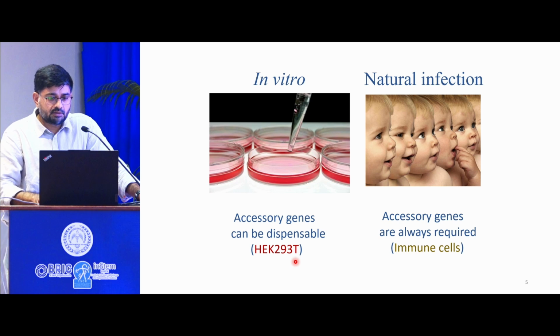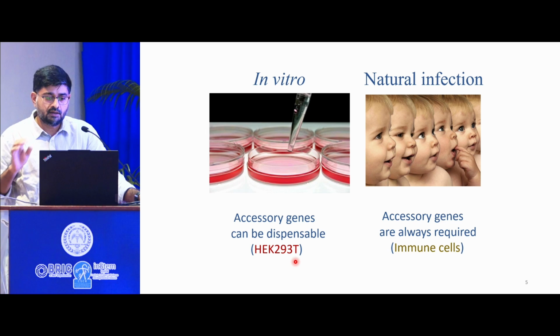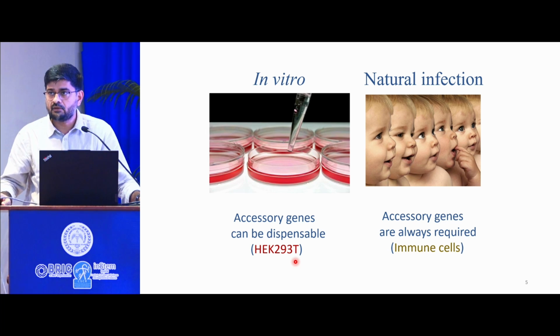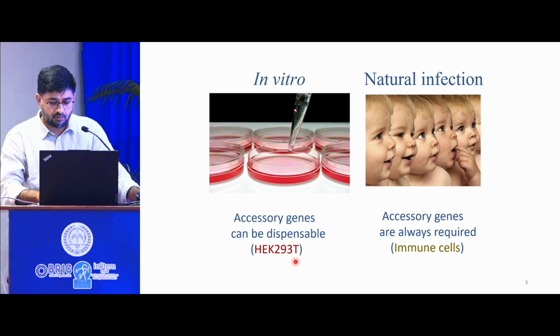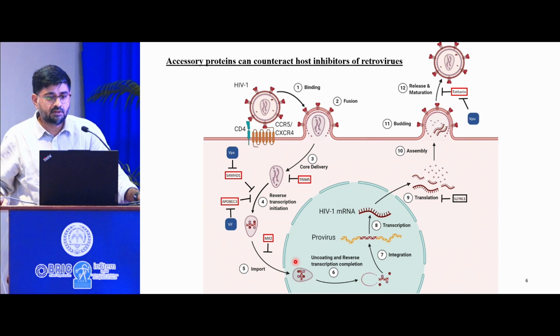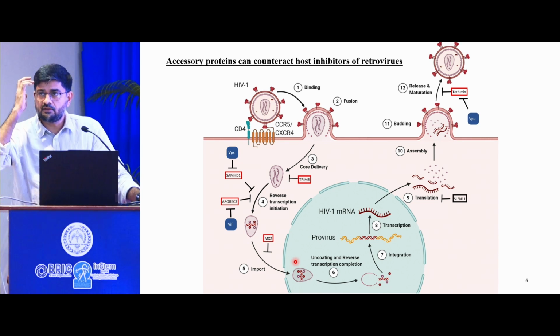But it turns out in natural infection the virus keeps these proteins under selective pressure, suggesting that these proteins are indeed required for pathogenicity, and the pandemic nature of these viruses is in part defined by these accessory proteins.